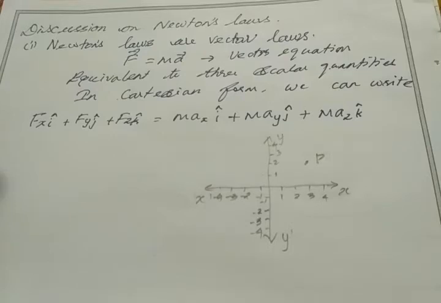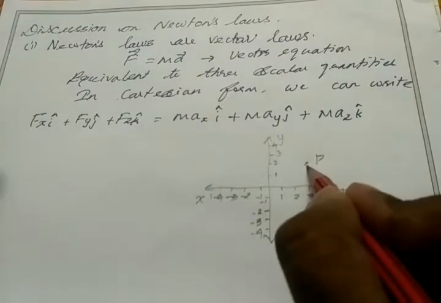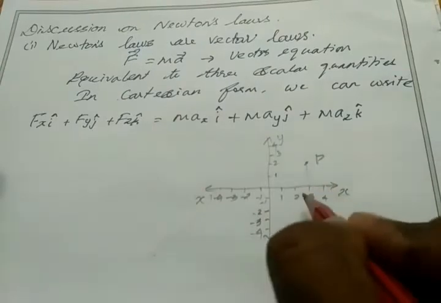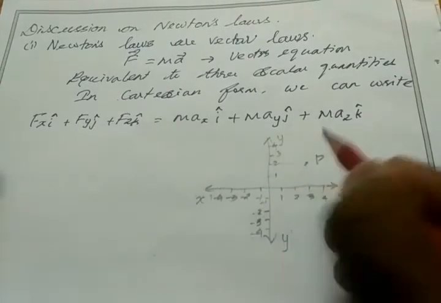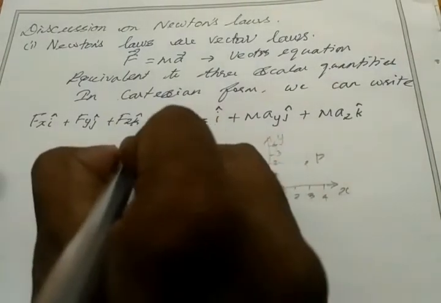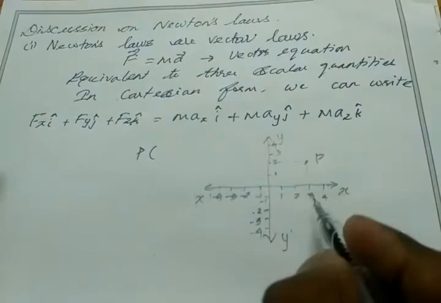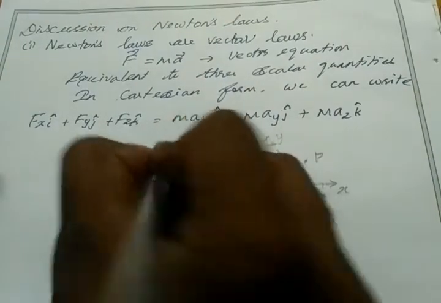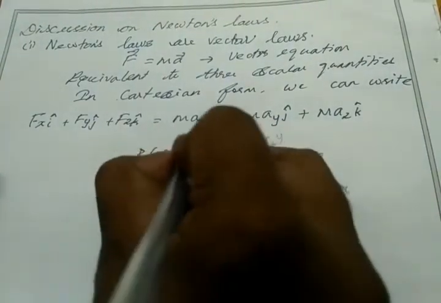If I'm asking where point P is located, we can say point P is located 3 units in the x-axis and 2 units in the y-axis.